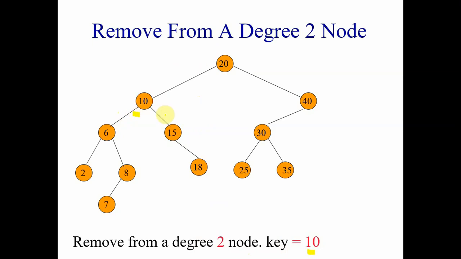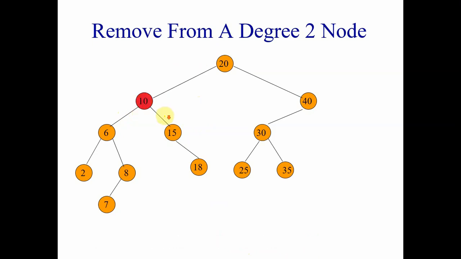If you remove it, you have to determine the new tree structure, whether you would like to move a child from the left subtree to replace it, or the one from the right subtree.